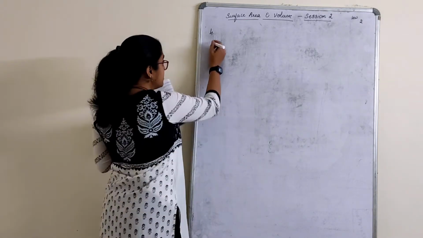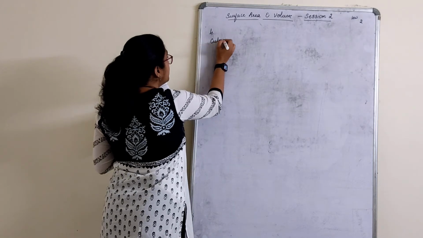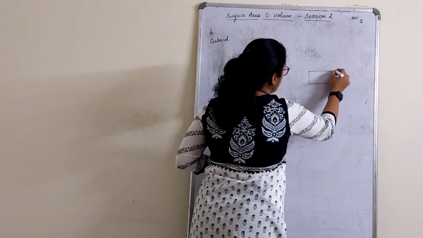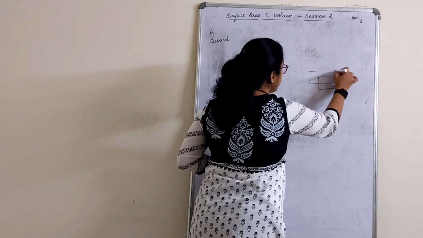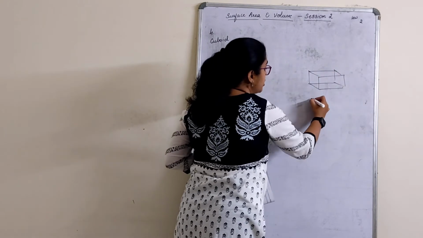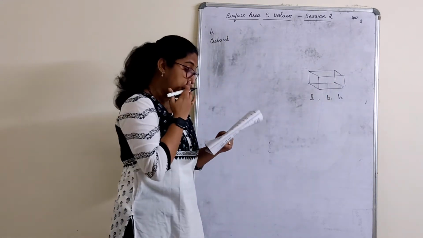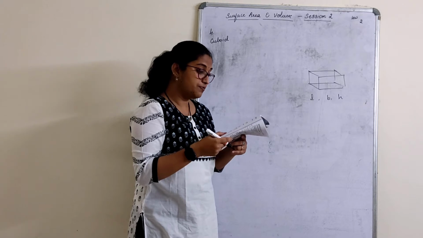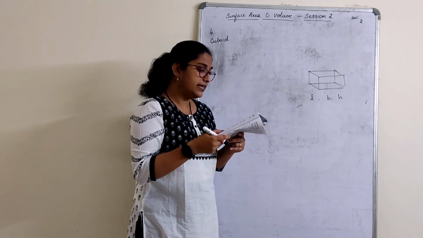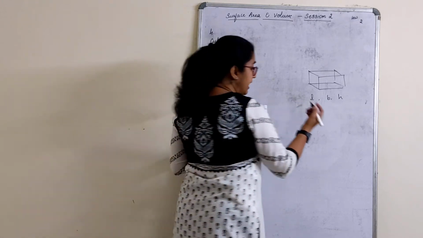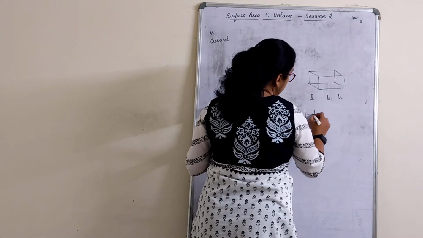Now, brick is also in the form of a cuboid. So, let us first understand this question. I have a brick whose dimensions I know, length, breadth and height, okay, and they have given here. A paint container is sufficient to paint an equal area of, if I have a paint in a container, this is paint.